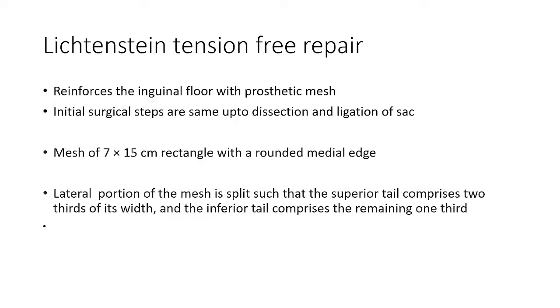So, we take a mesh and place it between the external oblique and internal oblique, and we stitch it with the reflected part of the inguinal ligament. So, the mesh again, because it is bridging the defect, will strengthen the posterior wall, and it is placed between the internal and external oblique muscles.